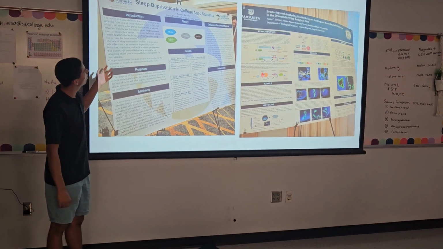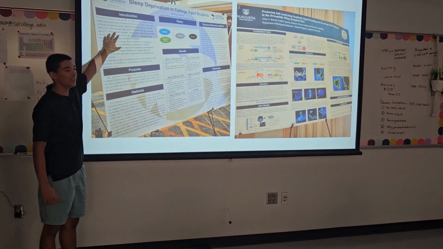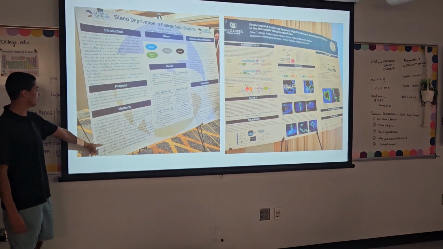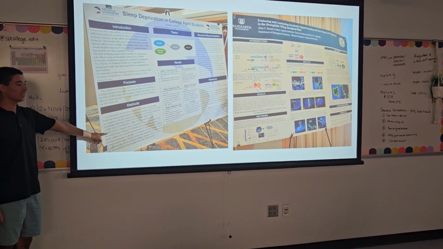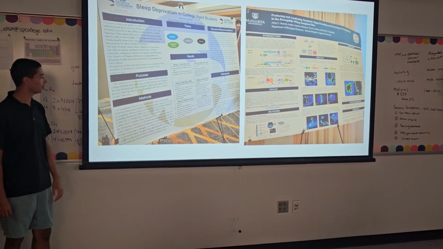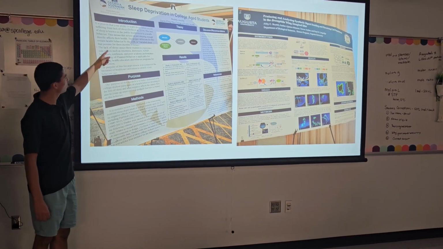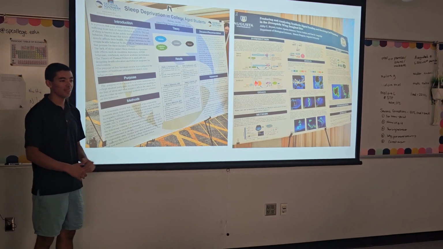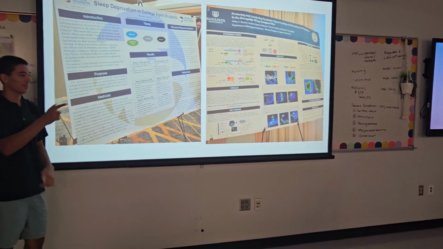In this example, they didn't do any experimenting themselves. They went online, as you can see in their methods, and looked at a bunch of surveys other people did. That's totally an option you can do as well. That's why it's really important to have each of these different things. And yeah, that's it. So, questions?